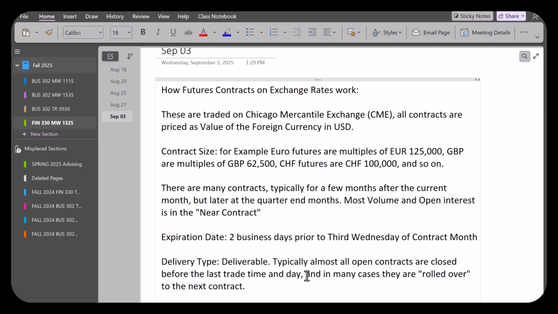Typically, about a week before the expiration date of the near contract, most of the volume is in that near contract, but in the last week or the last few days, most of the volume actually shifts to the next one, which means a lot of people with open positions roll them to the next contract.